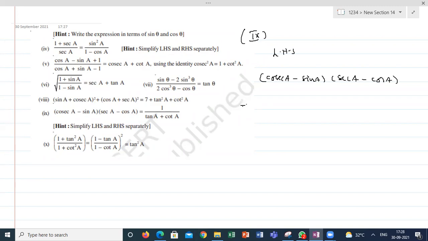So everything converting into sin and cos. This will be (1 by sin A minus sin A) into (1 by cos A minus cos A).